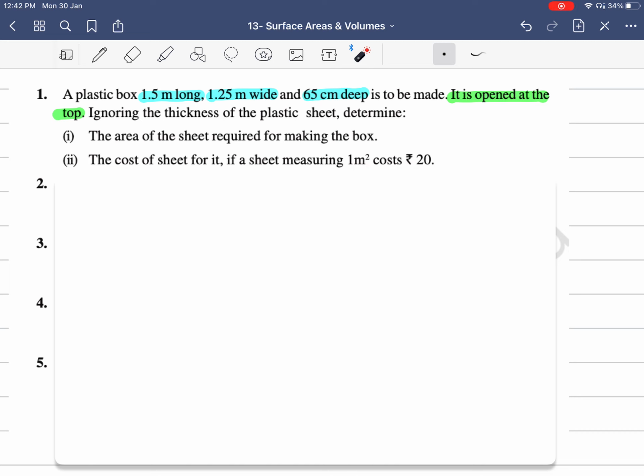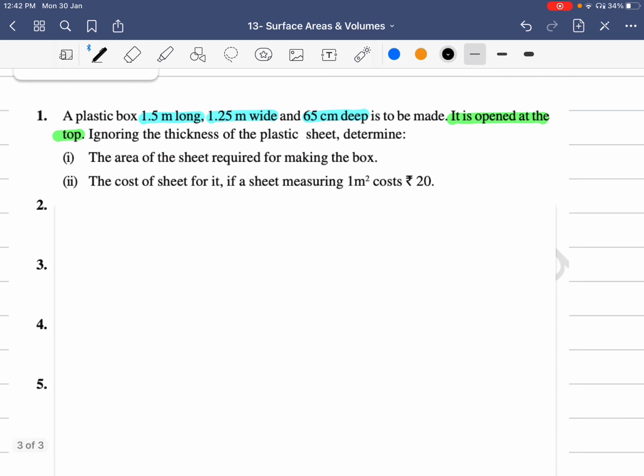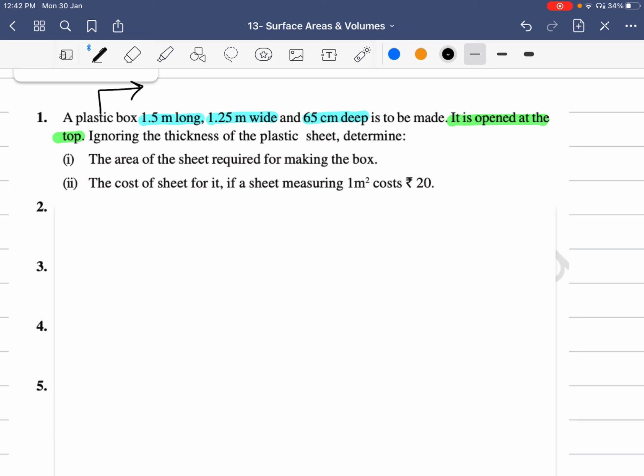From this problem description, it's very much obvious that the plastic box that we are going to make is a cuboid in shape. So that's the first thing that we must note down, that this plastic box is a cuboid. Now a cuboid is rectangular in shape.